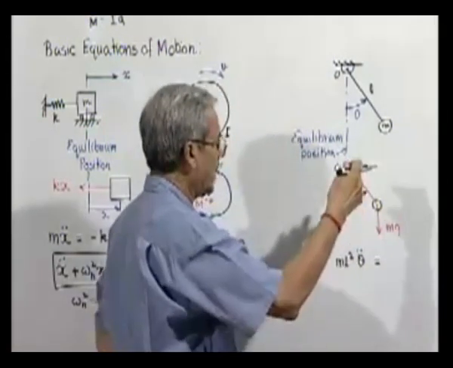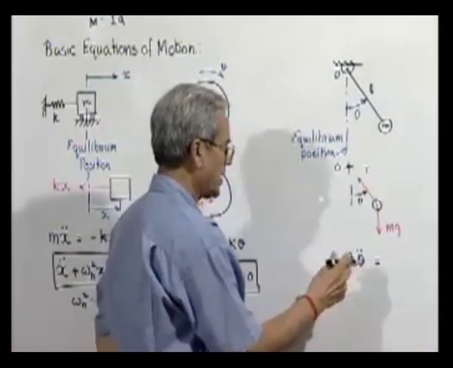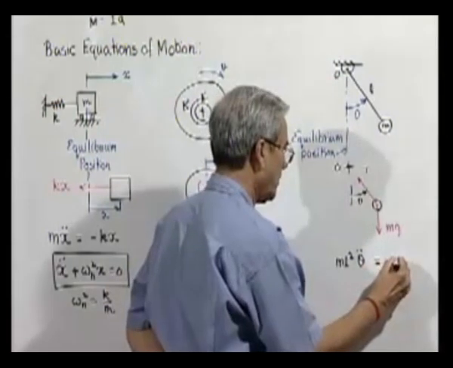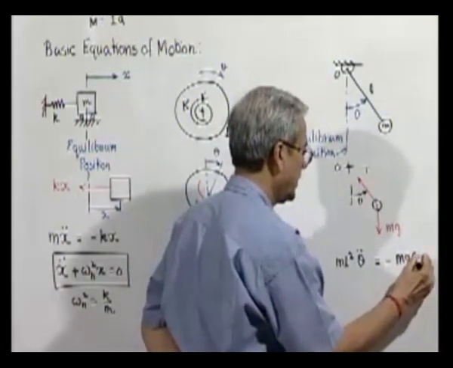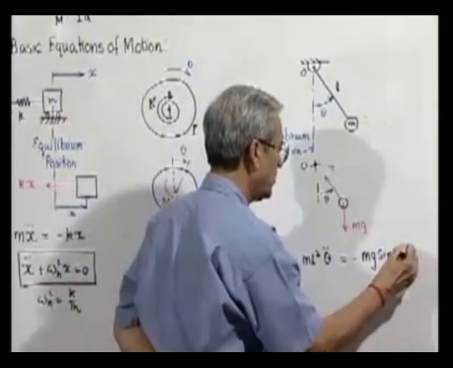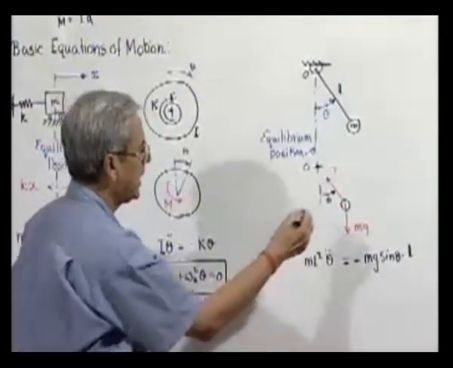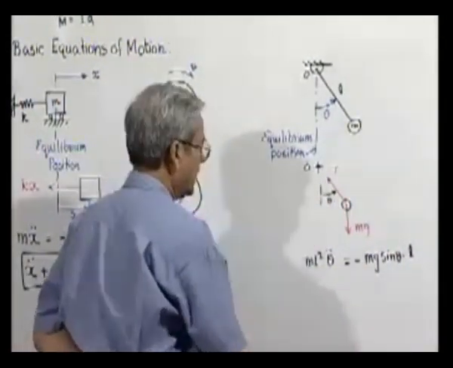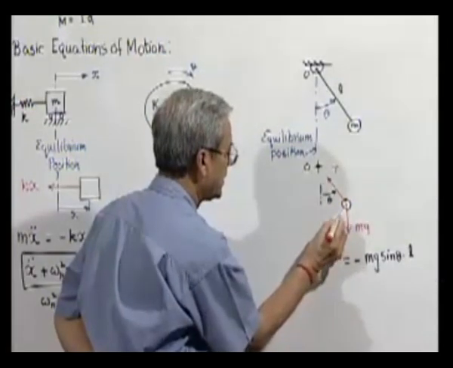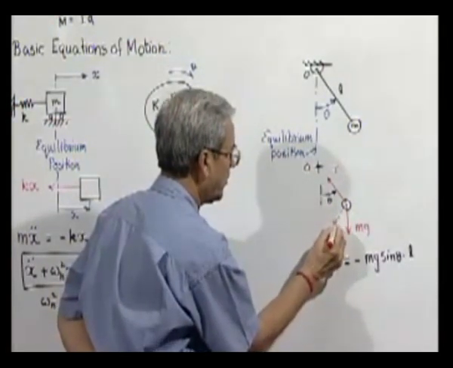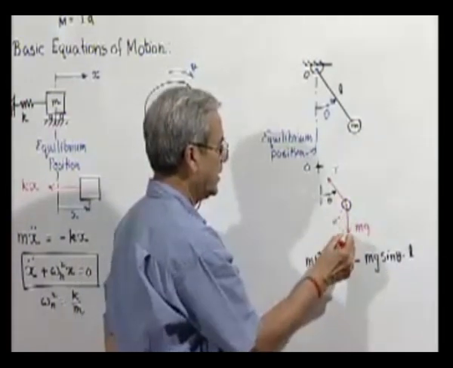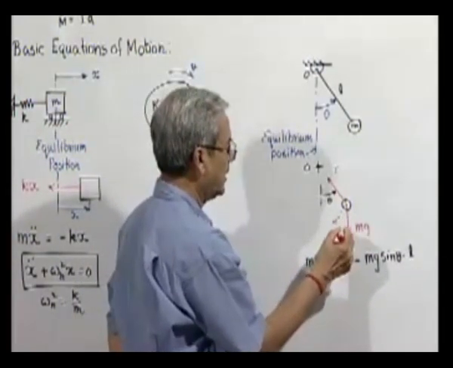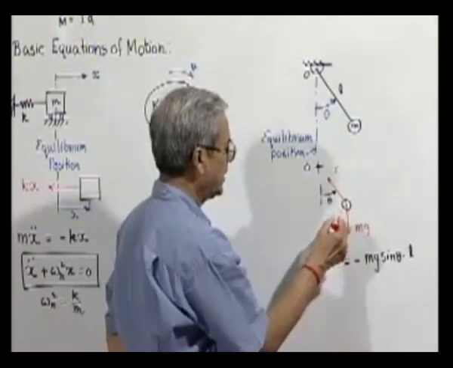and the total torque about this point is actually clockwise, that means in the opposite direction, and it is equal to minus mg sin theta into L. Mg sin theta is nothing but the component of this in the normal direction, and this angle being theta, this is mg sin theta.